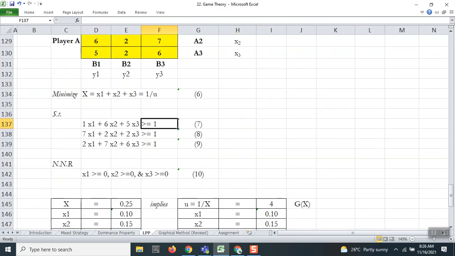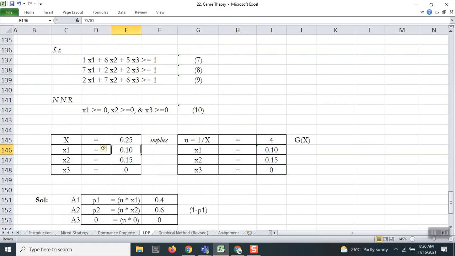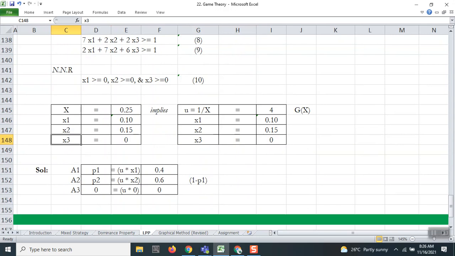Then the non-negativity restriction. Then we get the values of x1, x2, and x3 and the objective function. In this case, x3 equals 0, which means a3 is removed, which is the third row. That's how we got the optimal value and the value of the game.